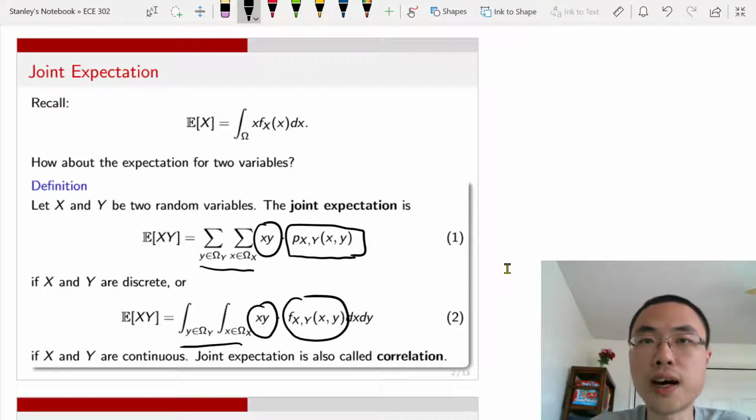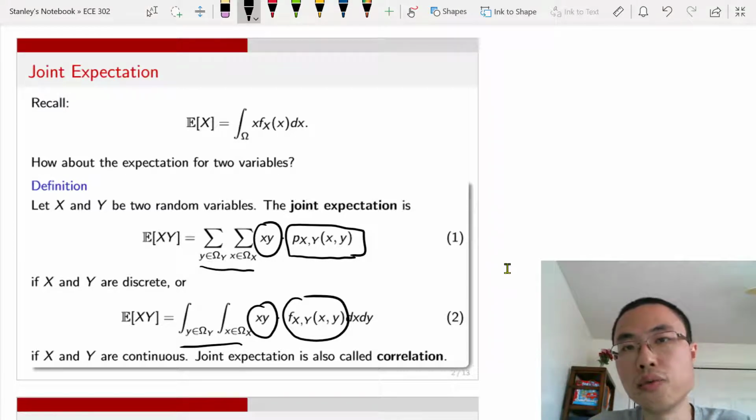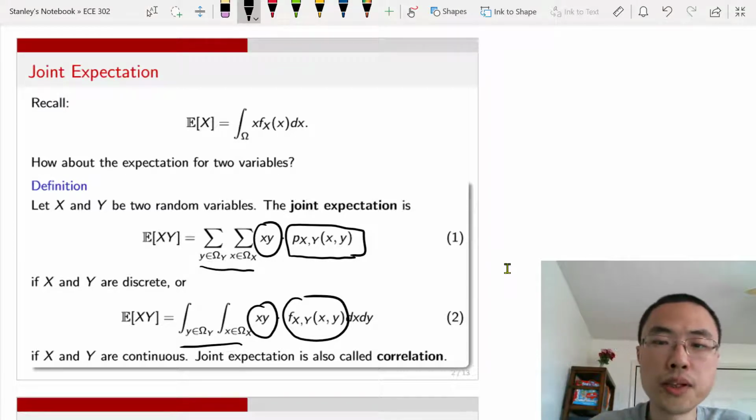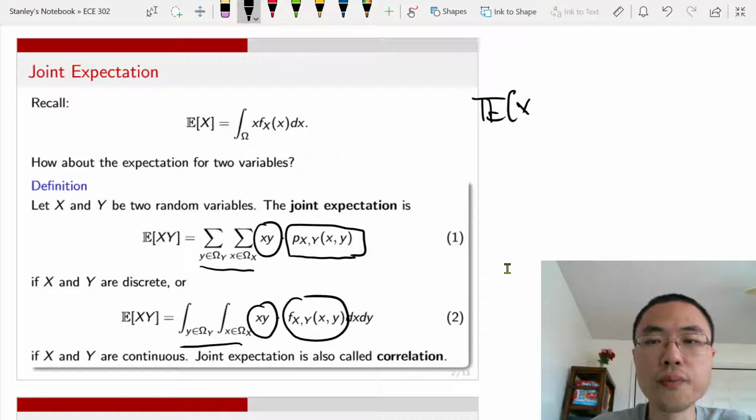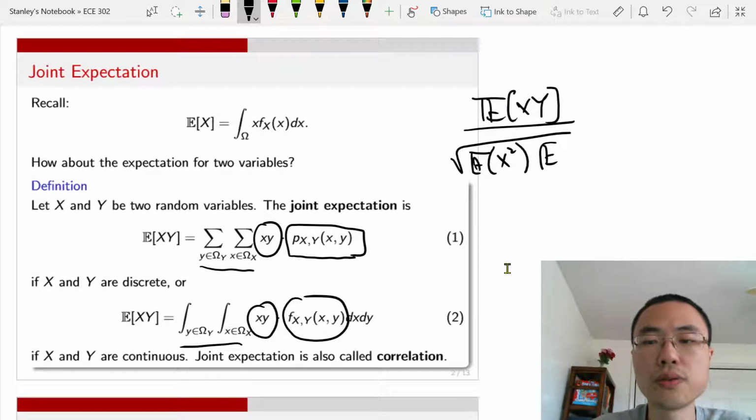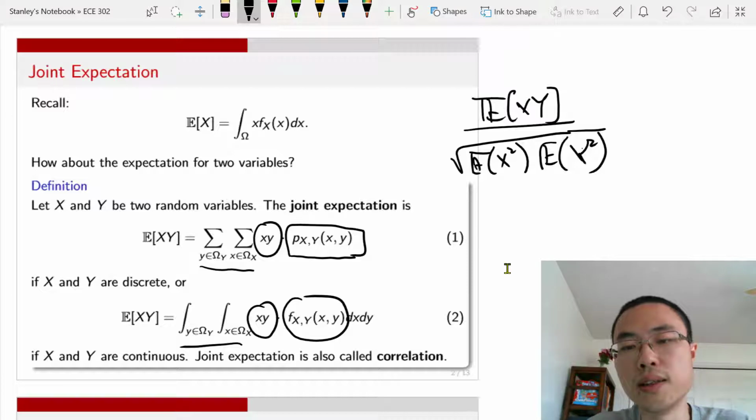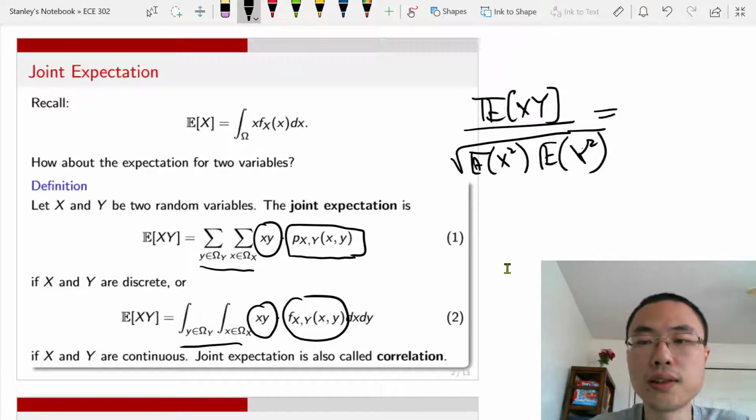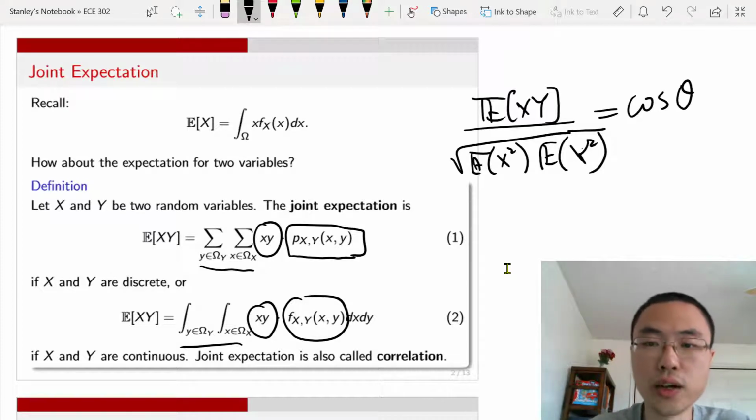We have also defined a ratio, which is the expectation of x and y, and then we divide it by the expectation of x squared and then the expectation of y squared, and we call it the correlation. And we also see that this has a very beautiful geometric meaning, which is the cosine angle between two vectors.